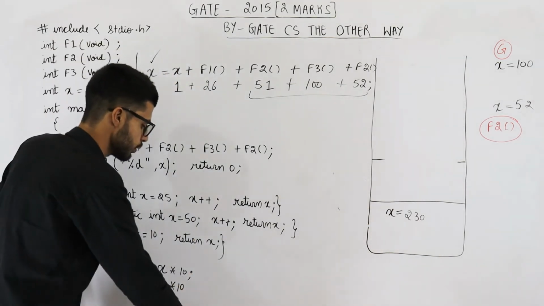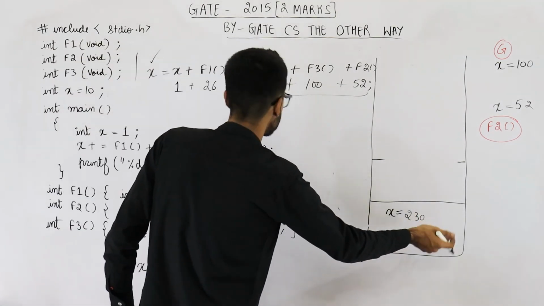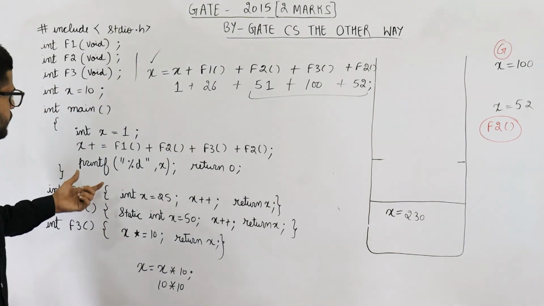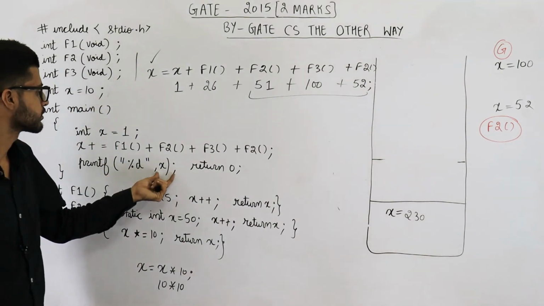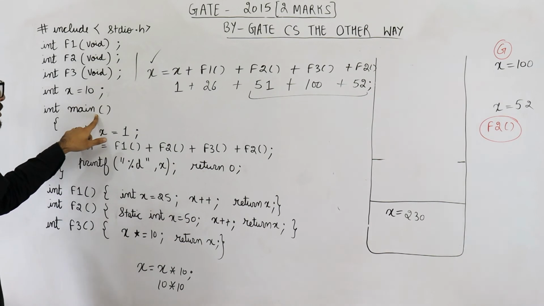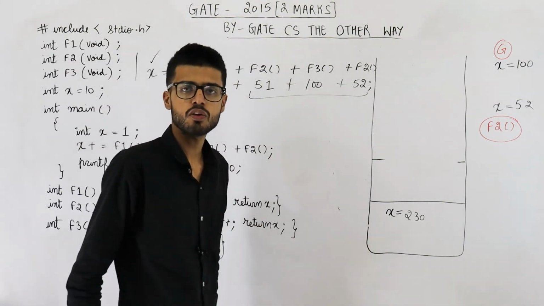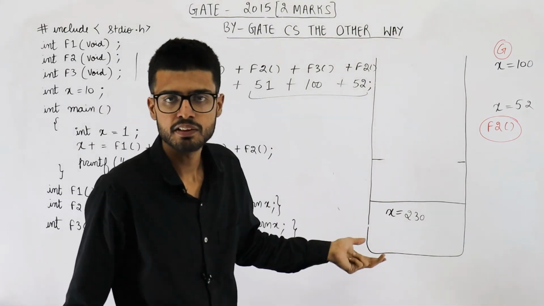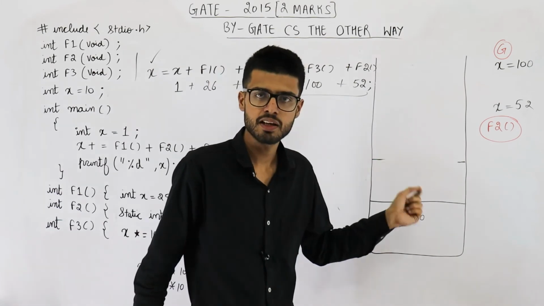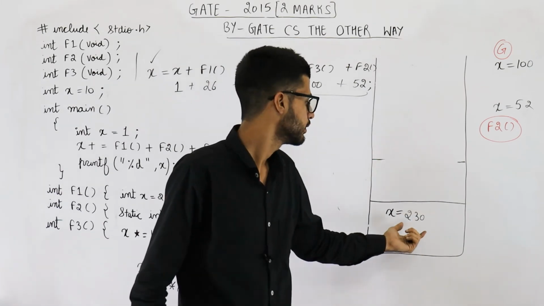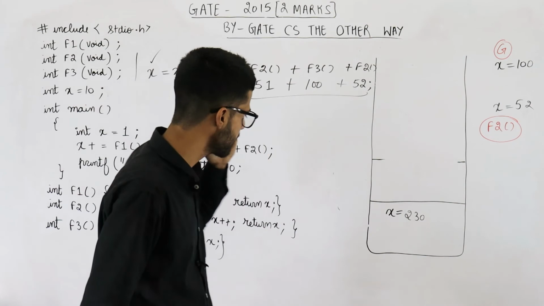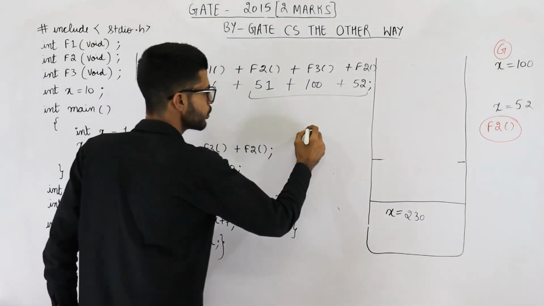Then if you can find any variable, update it to 230. Then you have written printf %d x. This line is also present in main function only. So look in the activation record of main and see if there is any variable called x. If there is one, just print it. So this one will be printed. That means you are going to print 230.